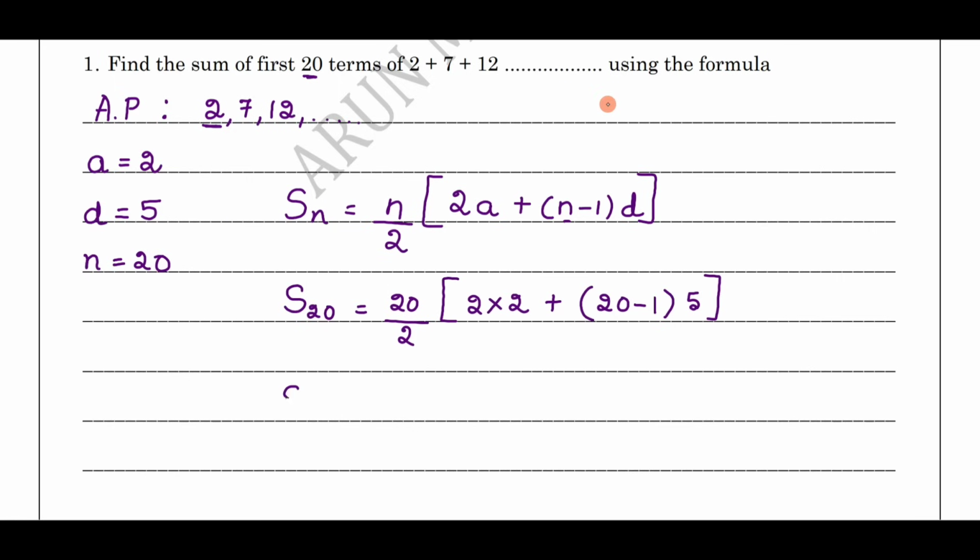Now, S20 equals, what is 20 by 2? 2 ones are 2, 2 twos are 4, therefore it is 10.